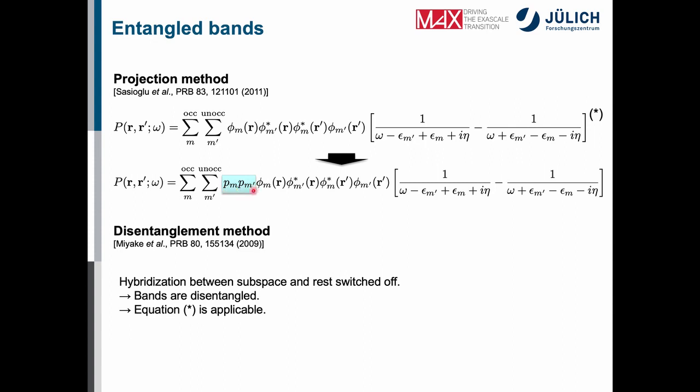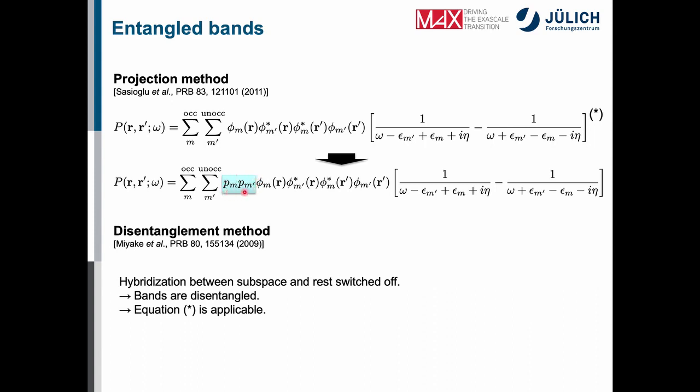The probability is obviously between 0 and 1 and can be calculated by projecting the state m into the space spanned by the Wannier functions. We do the same thing with the state that the electron goes into. This gives P_m'. And the product of the two numbers is again between 0 and 1.